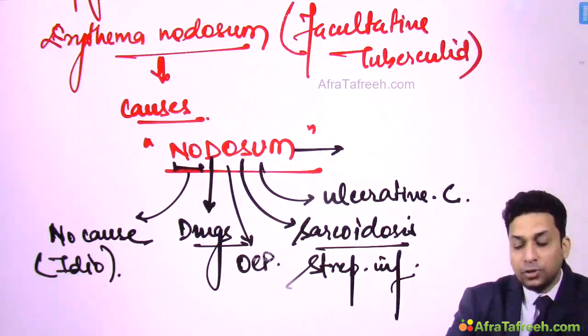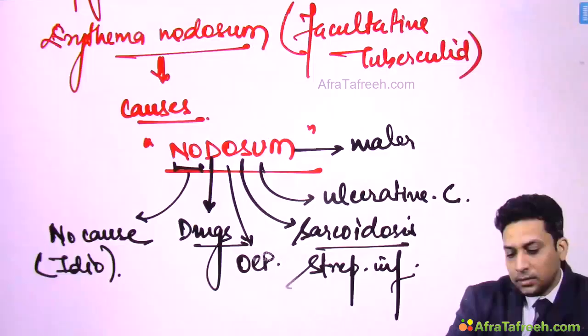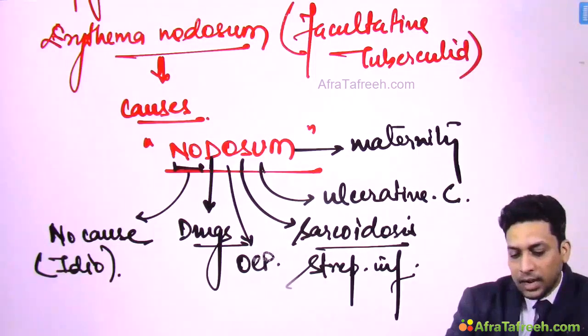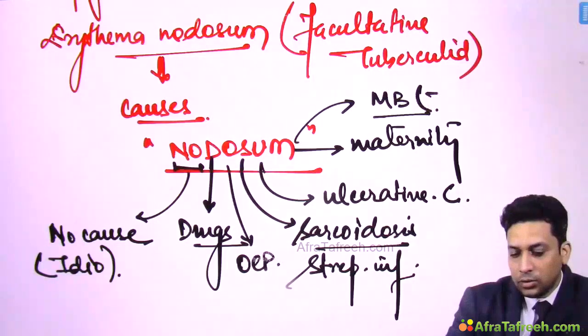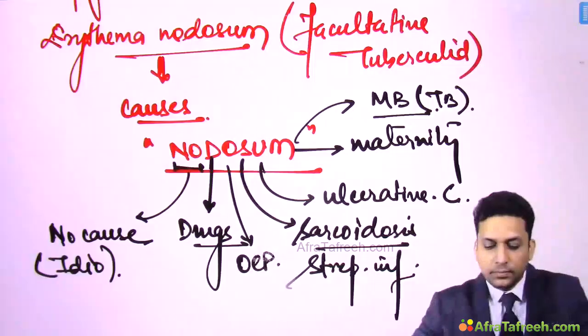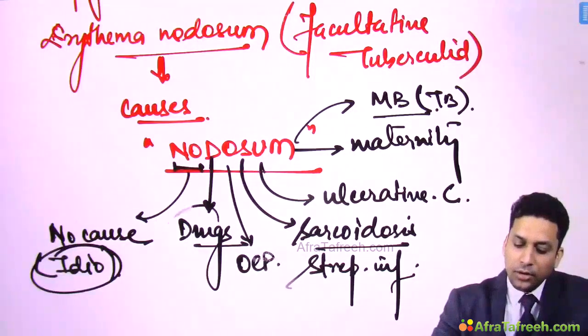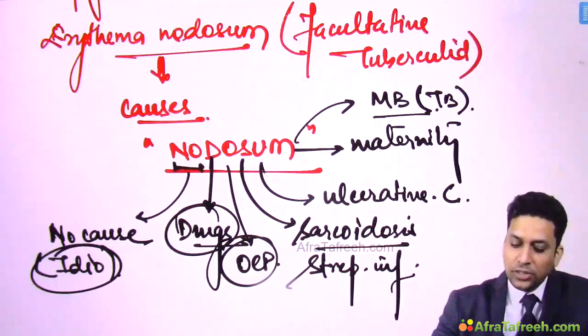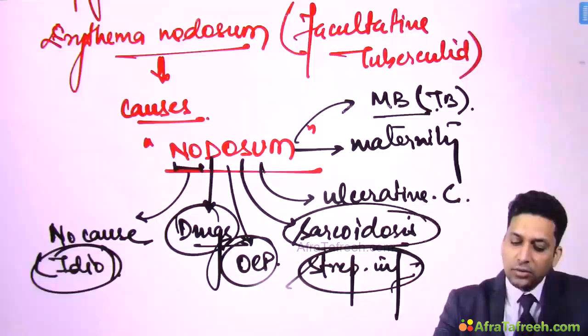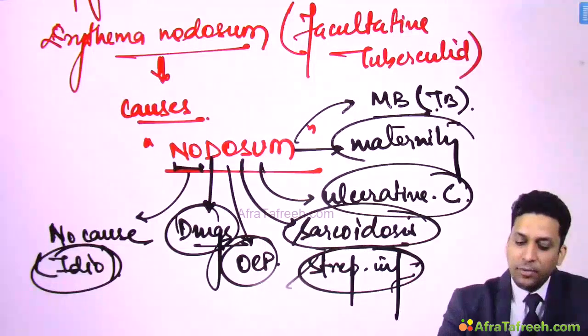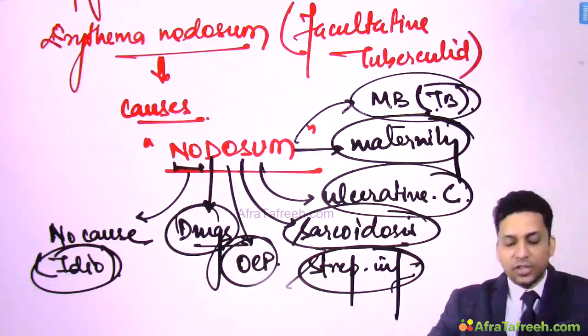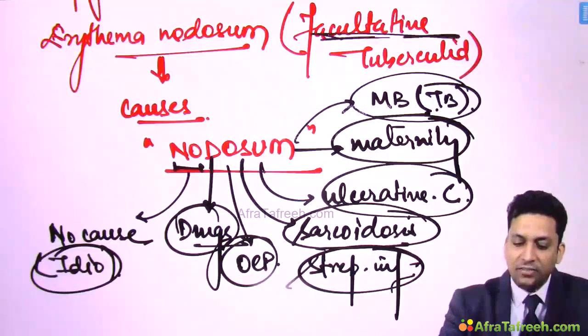It develops during pregnancy, so maternity, and as I already told you, mycobacterial hypersensitivity, so tuberculosis. Generally it is idiopathic. It can be due to drugs like oral contraceptive pills, associated with streptococcal infection, sarcoidosis, ulcerative colitis, might develop during pregnancy, and due to tubercular infection. That's why it is known as a facultative tuberculid.